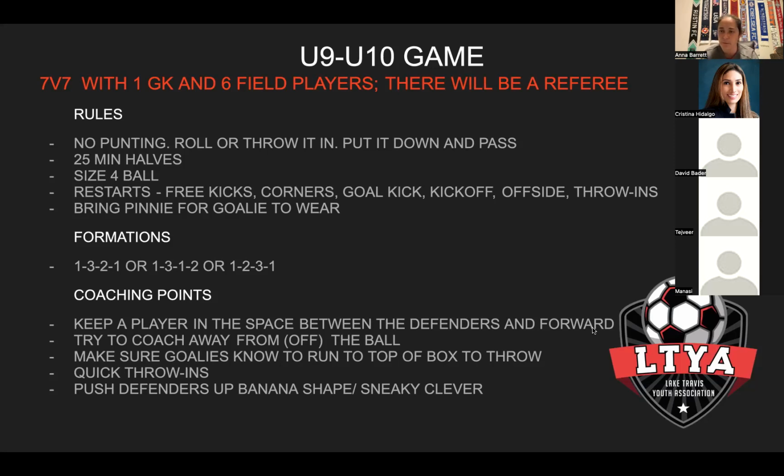When we get to the tournament, we might decide then, but I like the no punting just because what it makes them do is it makes them have to throw, it makes them have to think, makes them have to move fast, and it makes it so that you don't just have one kid that can, especially on the boys' side, kick the ball from one end to the other end and just score goals because they can absolutely smash a ball. So it makes us break out into a little bit more soccer than we otherwise might.